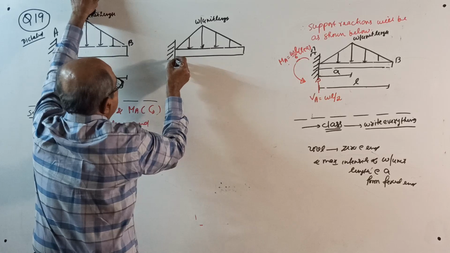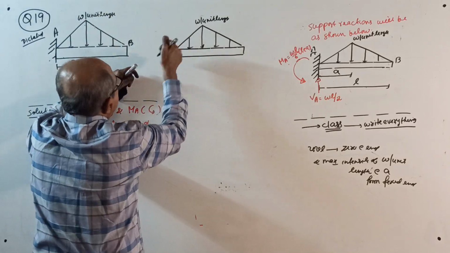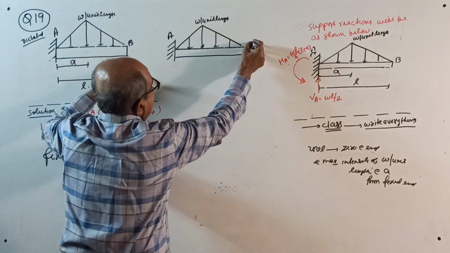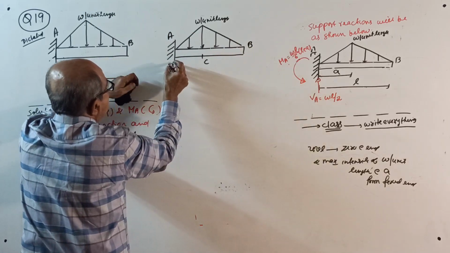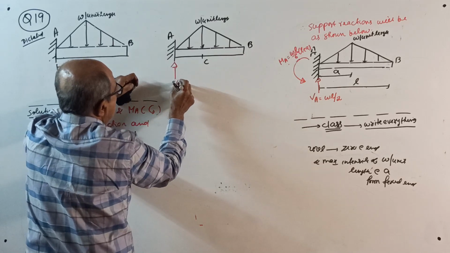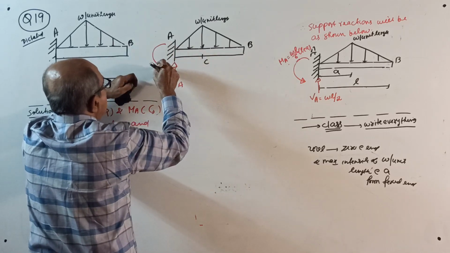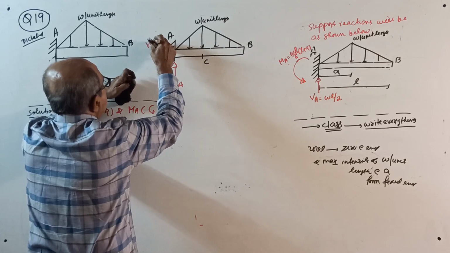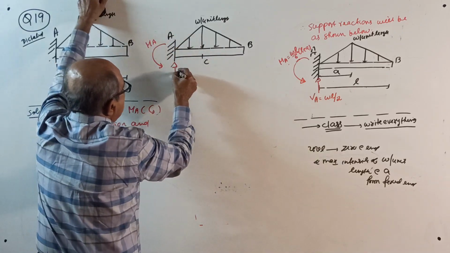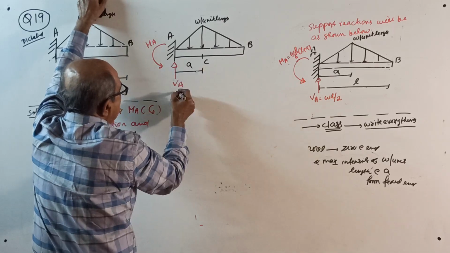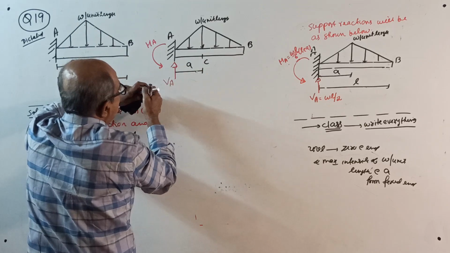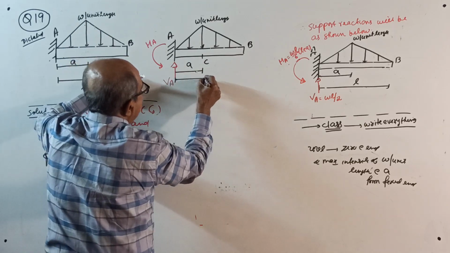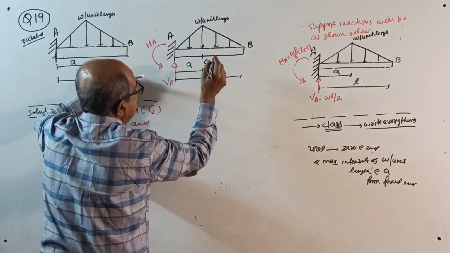This reaction is at A, this is B, and you take this as C. This reaction is VA, this reaction is MA. From here to here is A. This full length is L. I write L here.